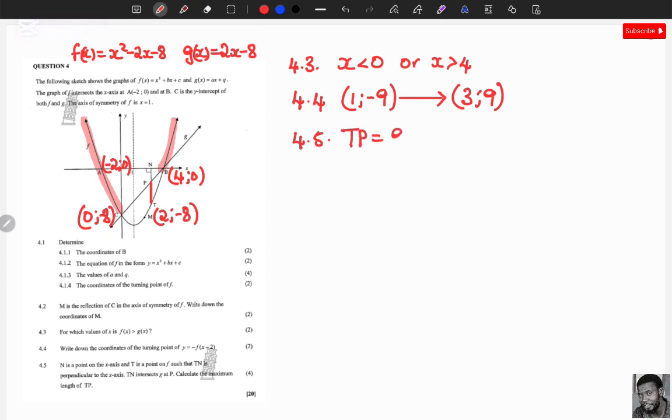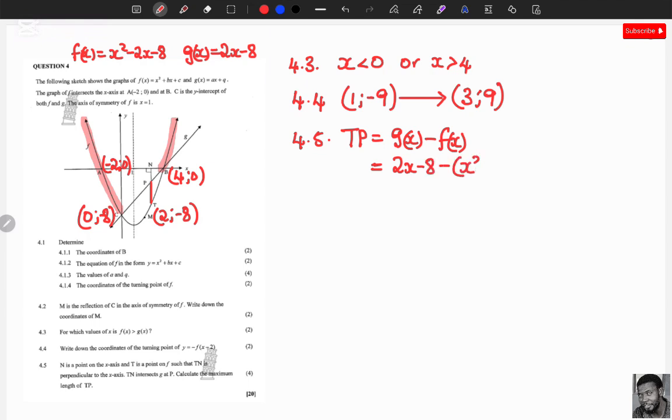That will be g of x minus f of x. Where there's a g of x, we replace it by 2x minus 8, minus f of x.